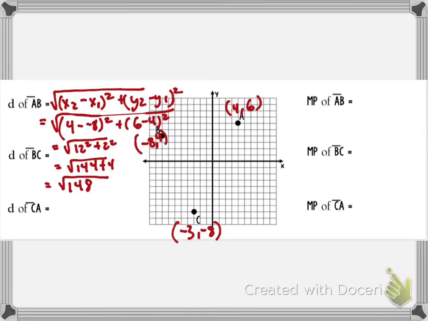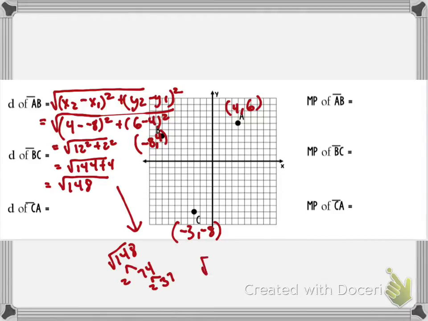The square root of 148. Then with 148, I'm going to simplify it like simplifying radicals. This breaks down to 2 times 74. And 74 is 2 and 37.